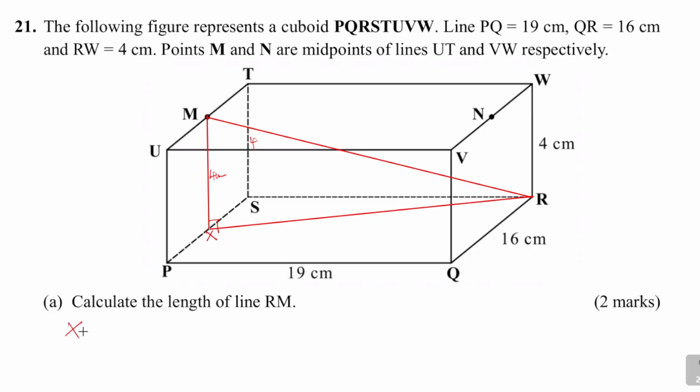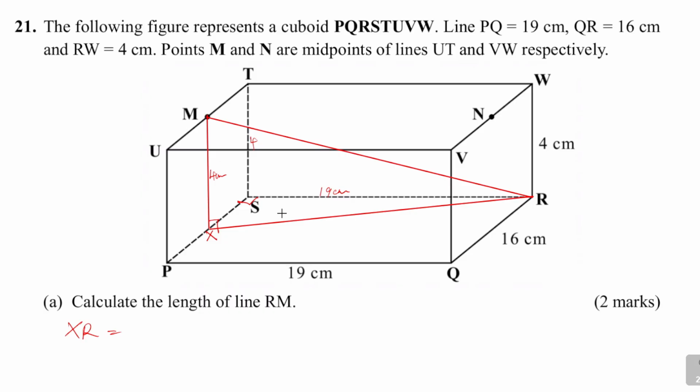So let's get XR. How do we get XR? We shall use triangle XSR. We can see that triangle RSX is right angled at S, and we have this side as 19 centimeters.